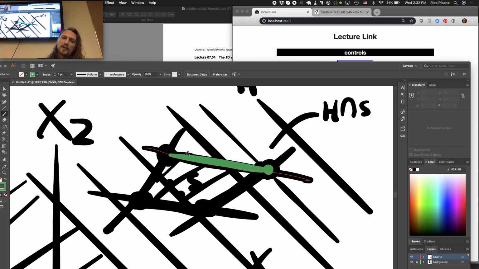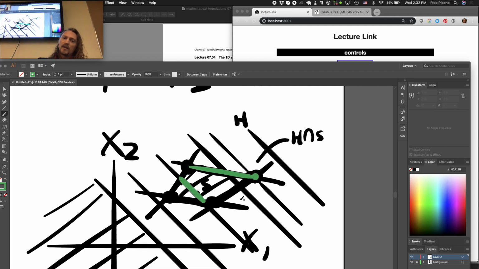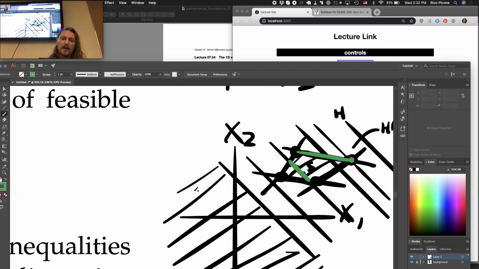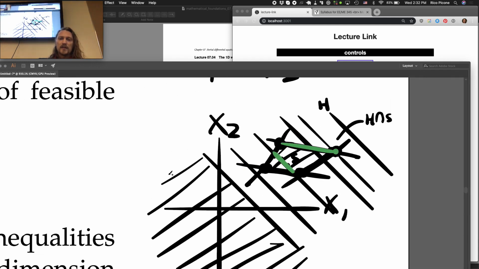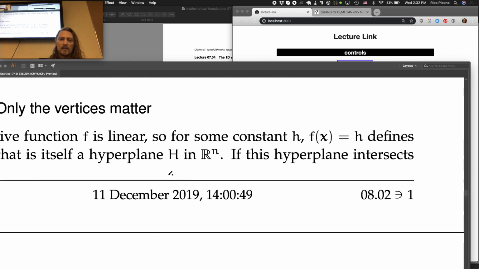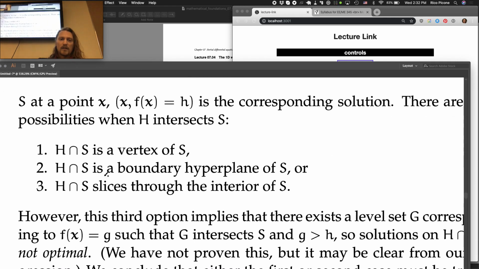The next possibility is that your intersection goes through the interior of the region S. So let's inspect that last case for a moment. If H intersect S is a boundary, that's the second possibility.